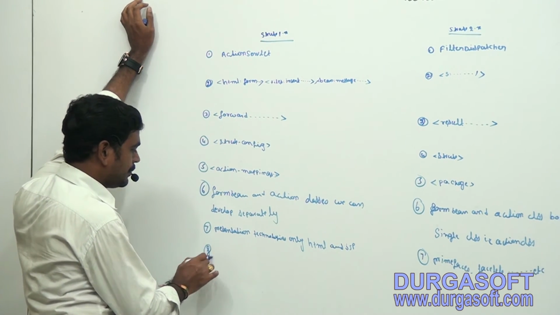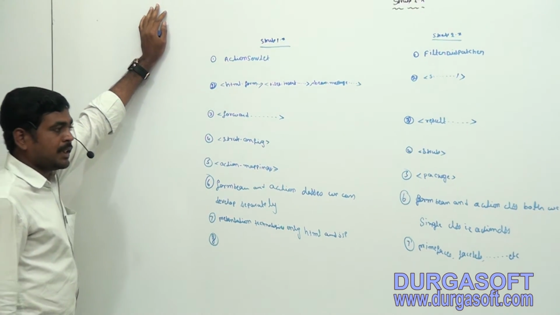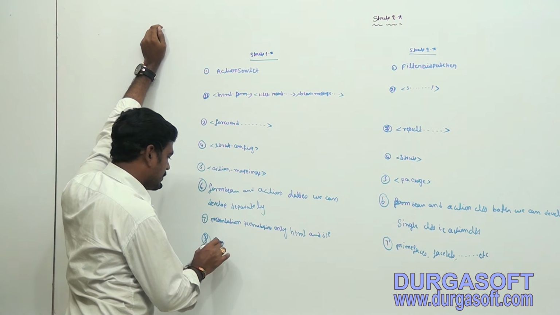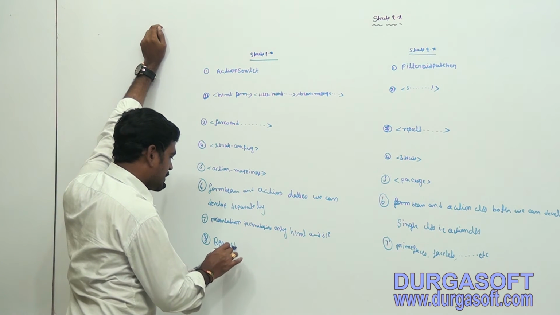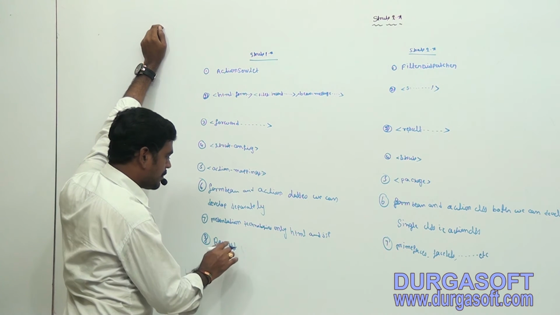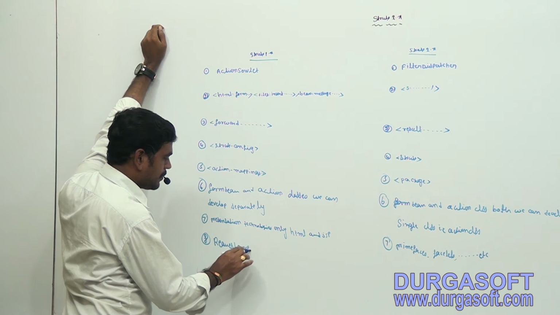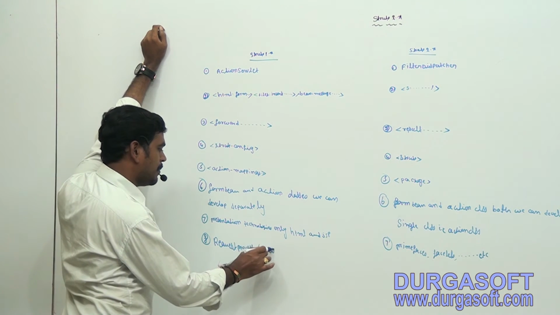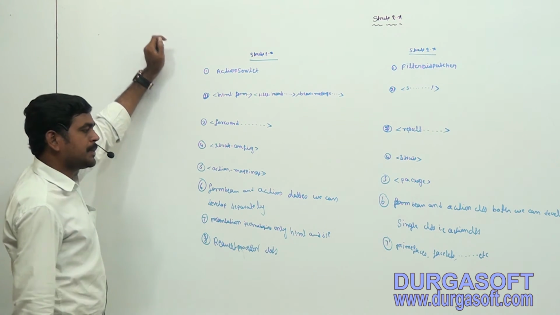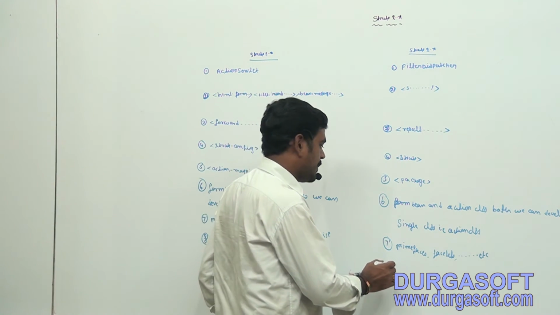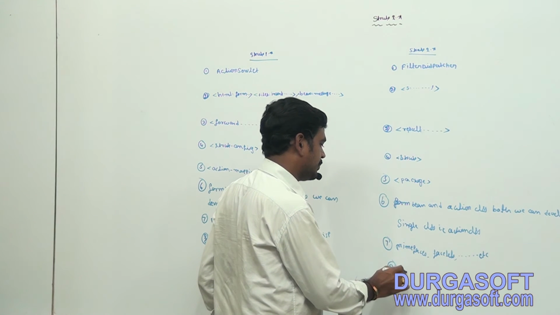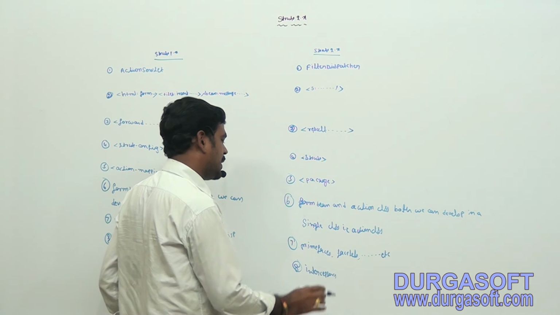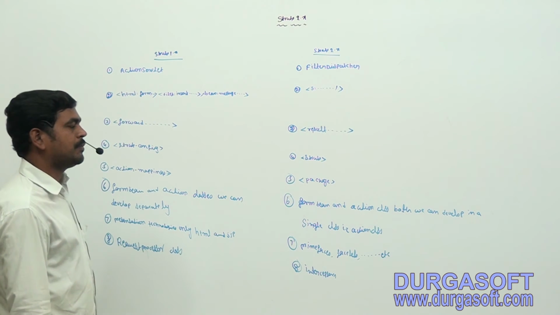Eighth, ActionServlet internally takes the help of the RequestProcessor class, whereas FilterDispatcher takes the help of interceptors, which are internal concepts.